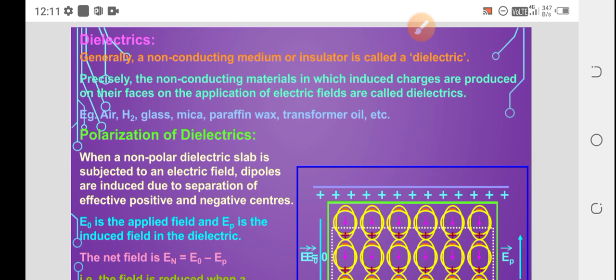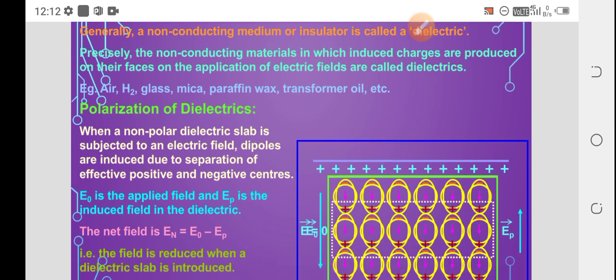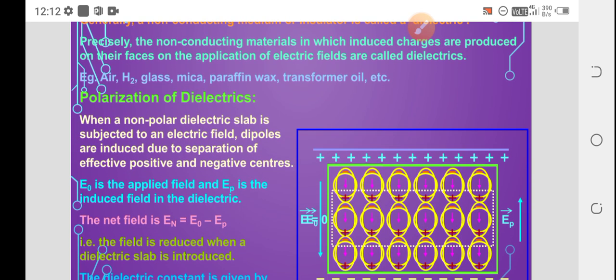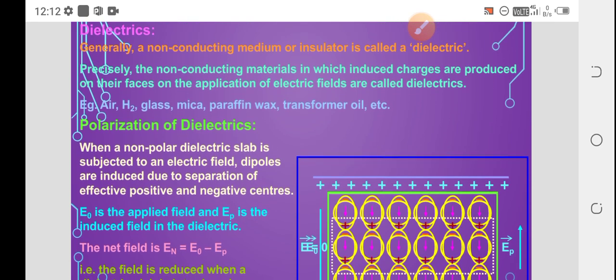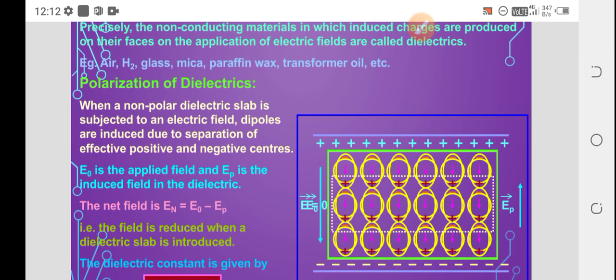Then dielectric. What is a dielectric? Generally, a non-conducting medium or insulator is called a dielectric. Precisely, a non-conducting material in which induced charges are produced on its faces on the application of an electric field is called a dielectric.